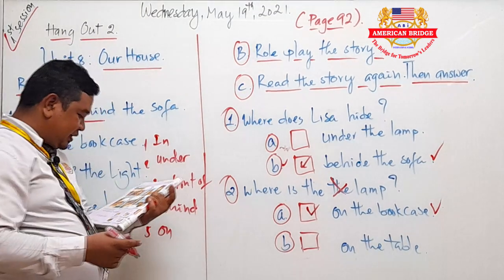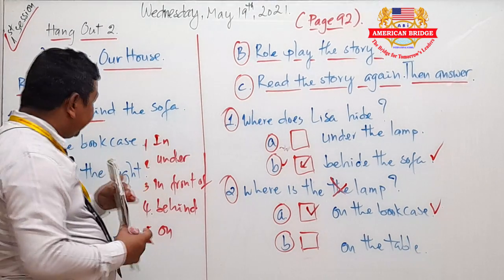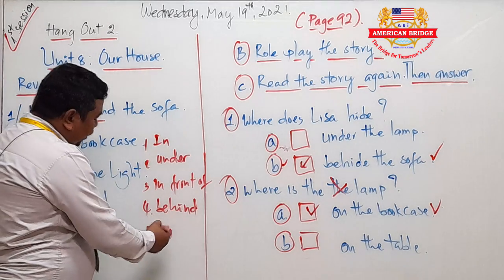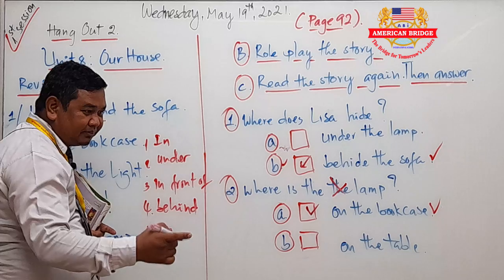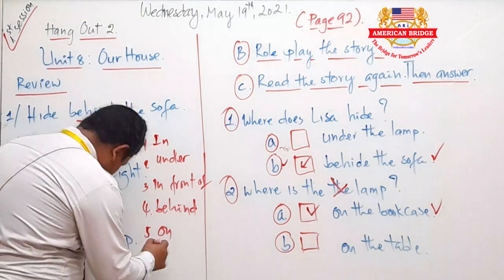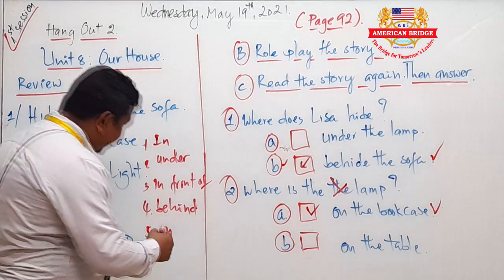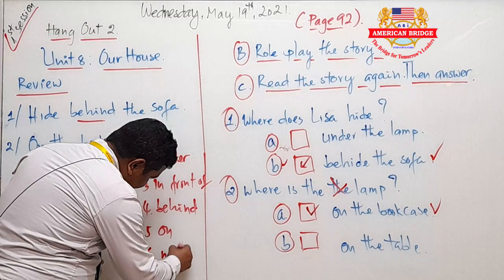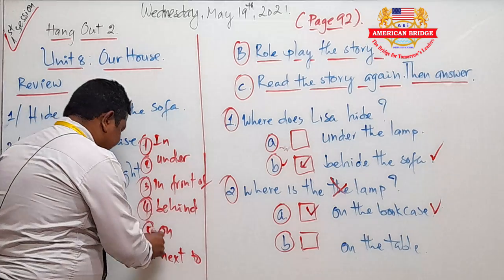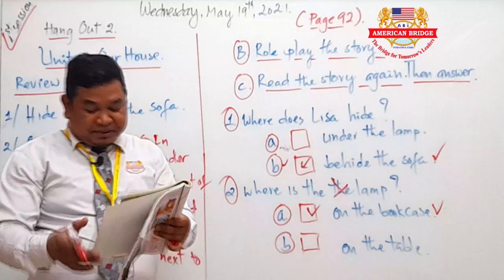So you have to know about these prepositions of place: in, under, in front of, behind, on, between, beside, or next to. You have to know about the prepositions on page 92 and page 93.